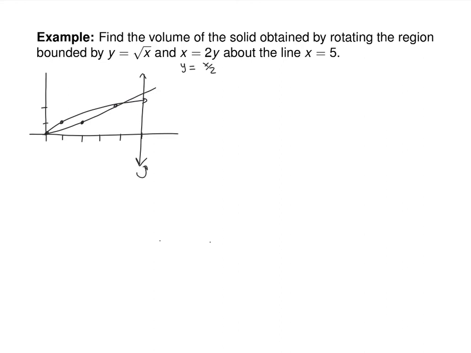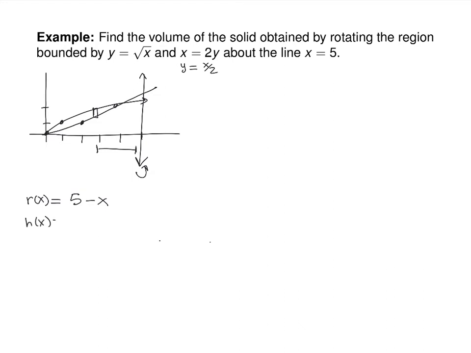So you got some random slice here. What is the distance from that random slice to the axis of rotation? So that distance will be 5 minus x. The distance from here to here is x. The total distance is 5, so 5 minus x is my radius.